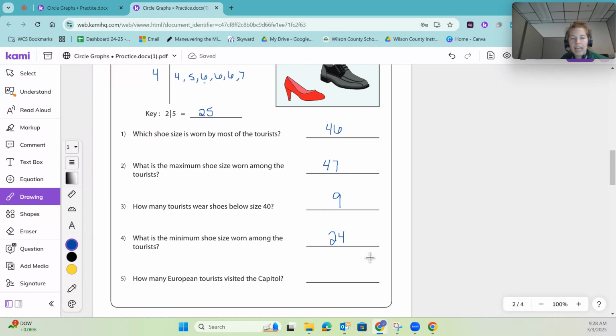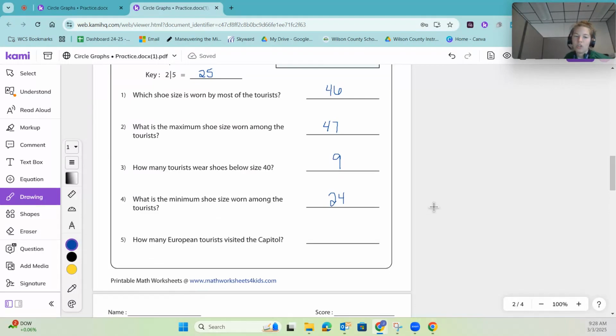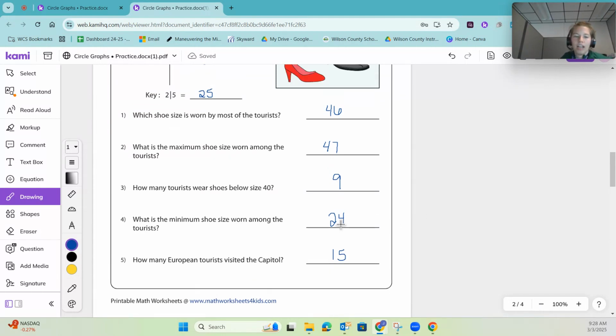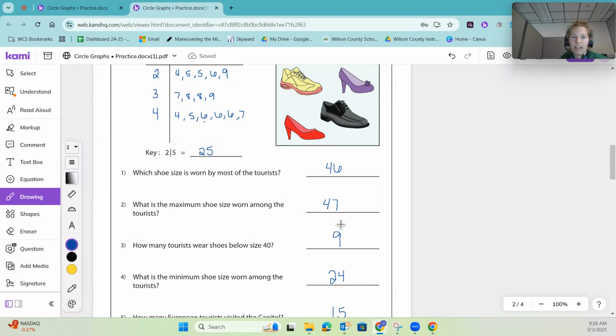And then how many European tourists visited the capital? Again, we counted, we had 15 numbers in our data set, so that's 15 tourists that we got their shoe size from. So that's how you would look at a stem and leaf plot and utilize that to interpret some data about it.